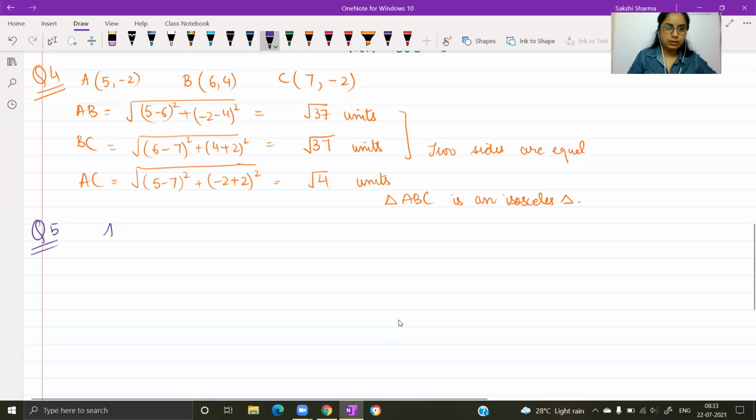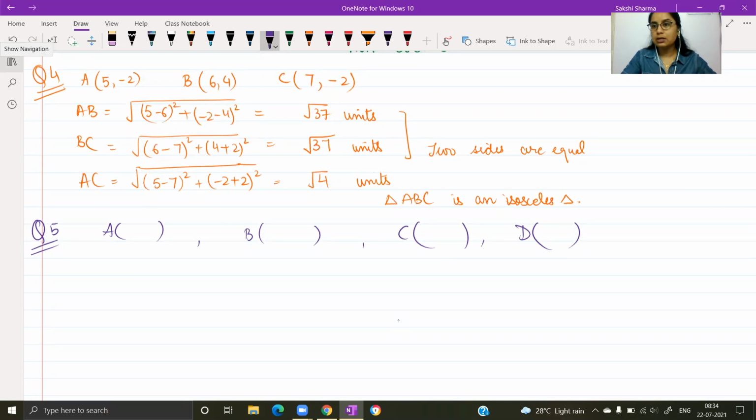Question number 5. Let's first of all identify the positions of the 4 students. What's the position for student A, the coordinates? It's a Cartesian plane. The location is just marked. The coordinates are not given. If you're going to use distance formula, you need the coordinates.